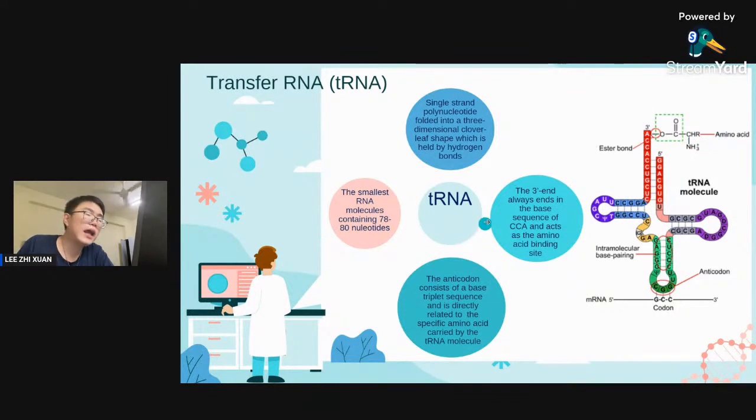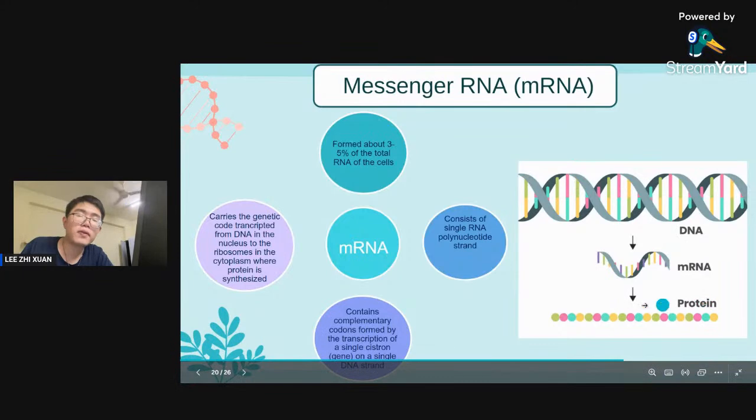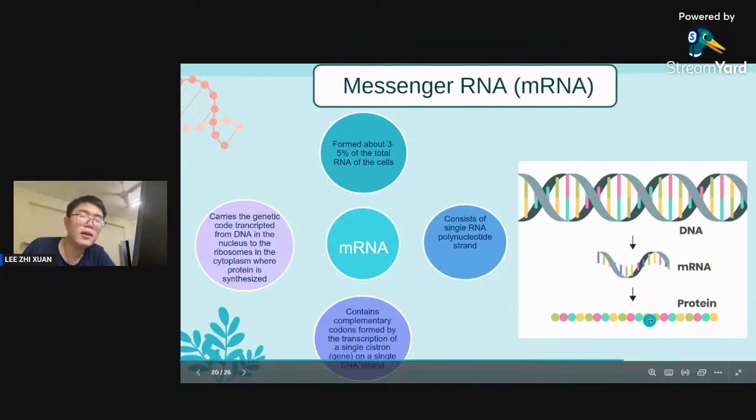The main function of the tRNA is to carry amino acids for protein synthesis during the translation process. So what is translation? I already mentioned here: translation is mRNA to protein. It is the process where we use the information of mRNA to produce protein.